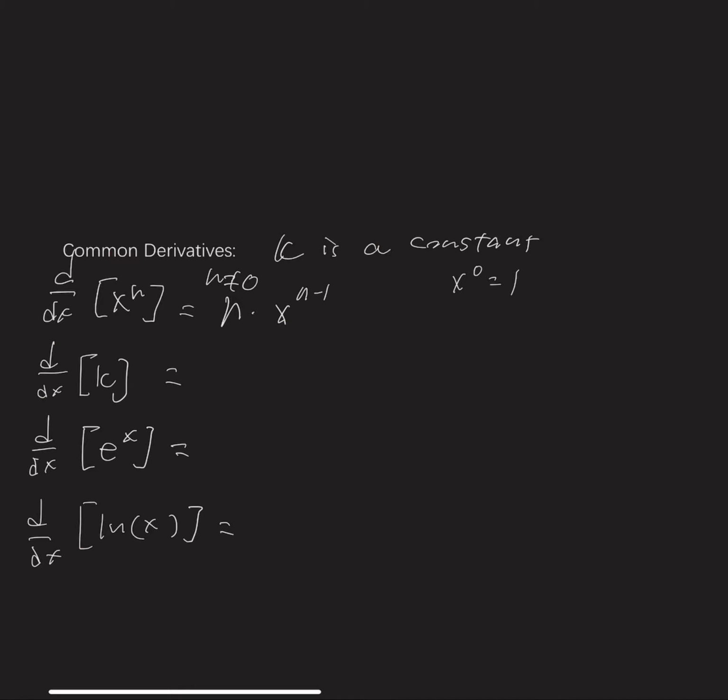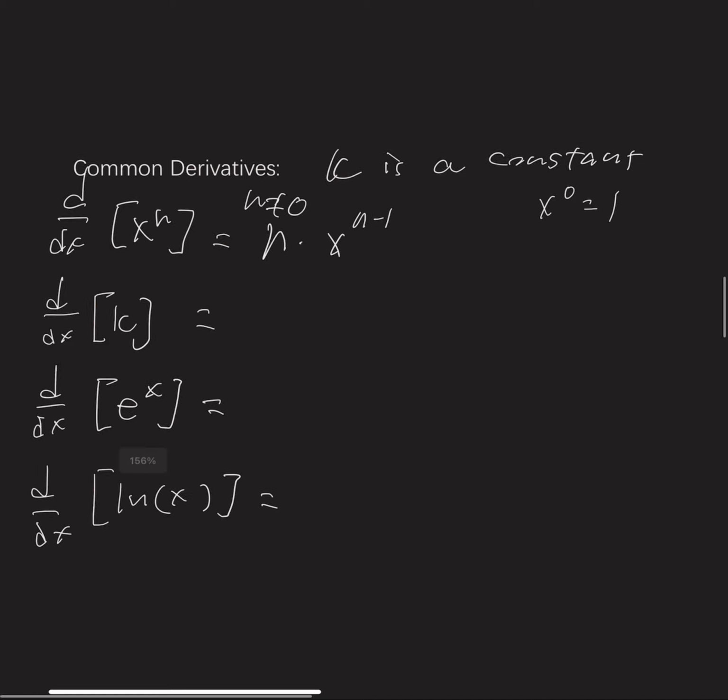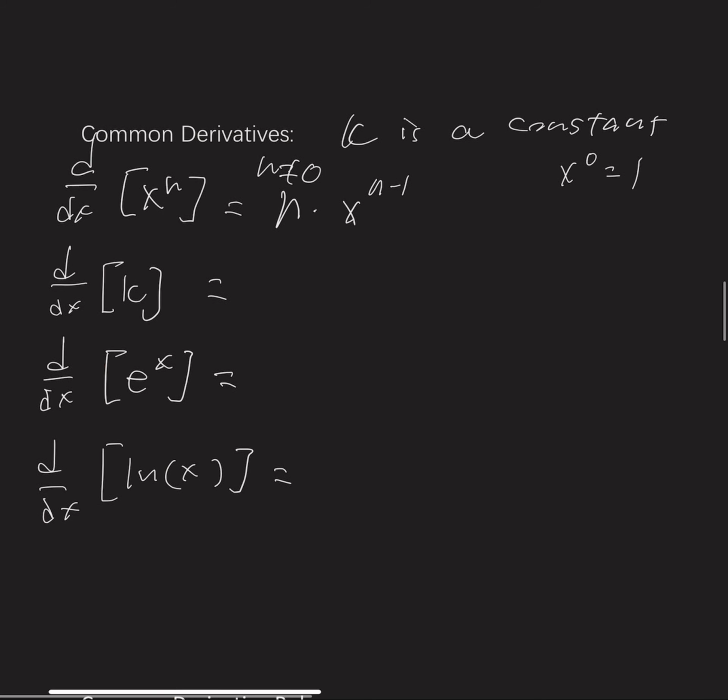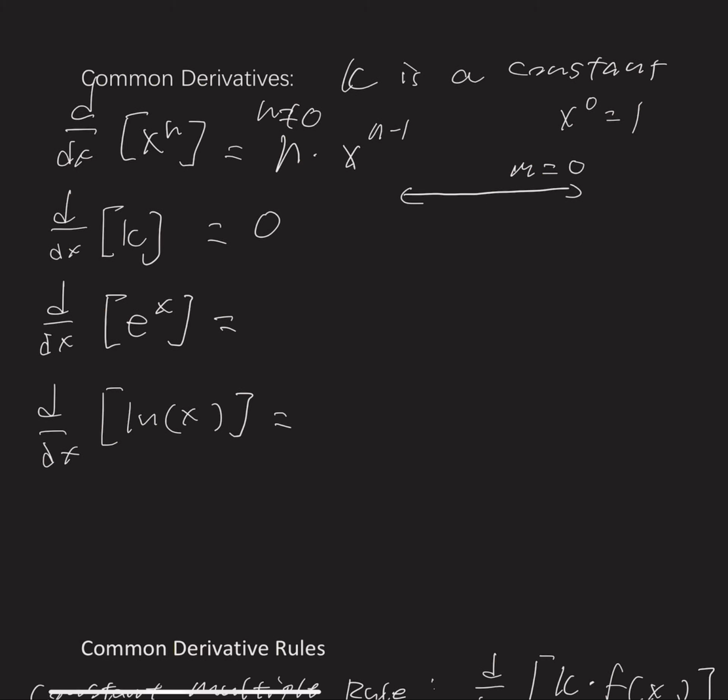It's a constant. And now let's talk about the derivative of a constant. If you recall, the graph of a constant function is a horizontal line of slope equal to 0, and we can tell the derivative of a constant function is equal to 0. What's the derivative of e to the x? Why do we specifically mention e to the x here?